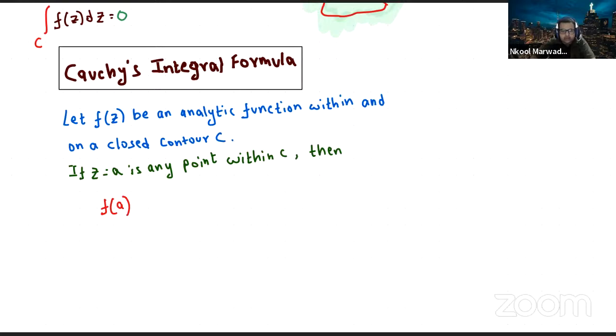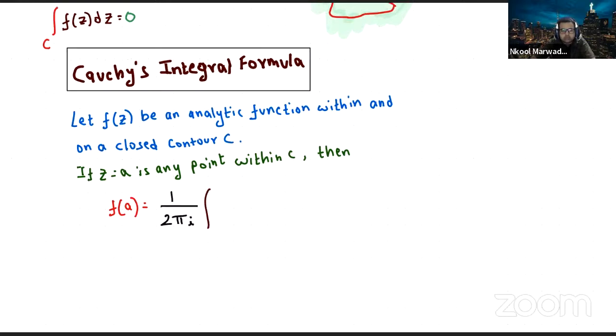This f of a will be 1 upon 2 pi i times the integration over the contour C of f(z) upon z minus a, dz.